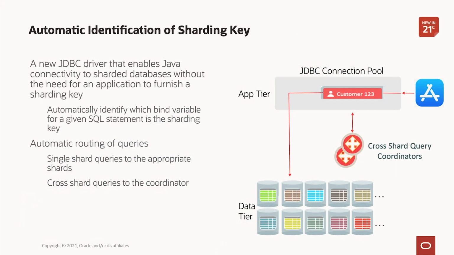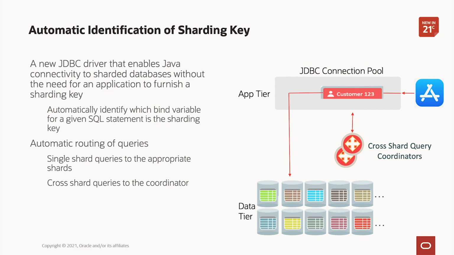One of the nice features in 21c is with the Universal Connection Pool for JDBC applications. We don't have to provide the sharding key. What we have done is enhance our connection pool so that it automatically identifies the sharding key based on the bind variables for a given SQL statement. What this helps us with is that we don't have to make any application-side code changes to be able to use sharding. It also enables the automatic routing of queries.